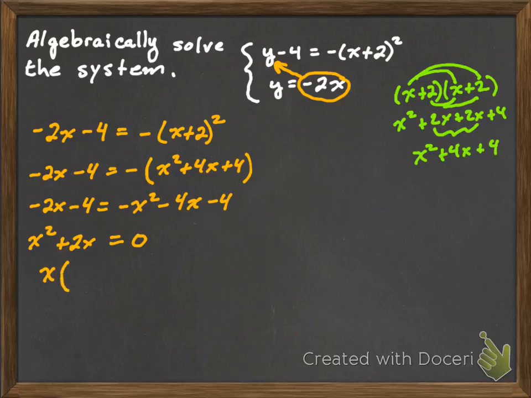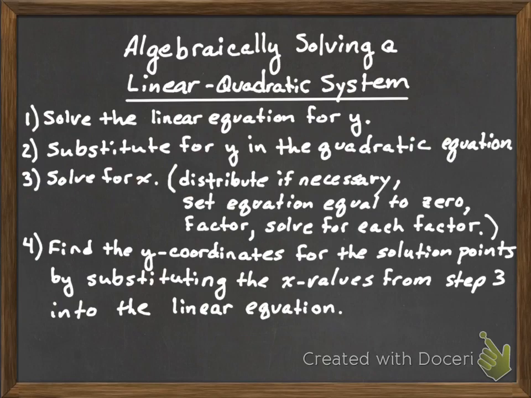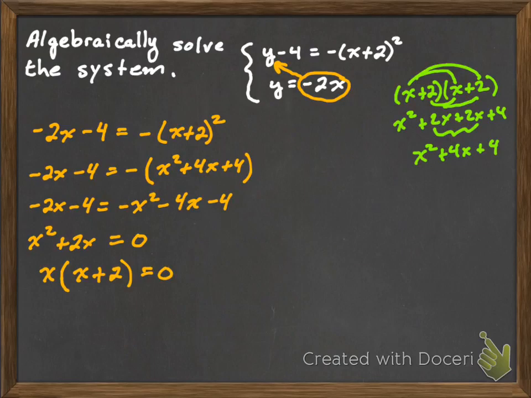We take that out of both terms, which leaves us with x times x plus 2 equals 0. All right, so we set equal to 0, we factored, and now it says to solve for each factor. All right, so solving for each factor means there is multiplication in between here.